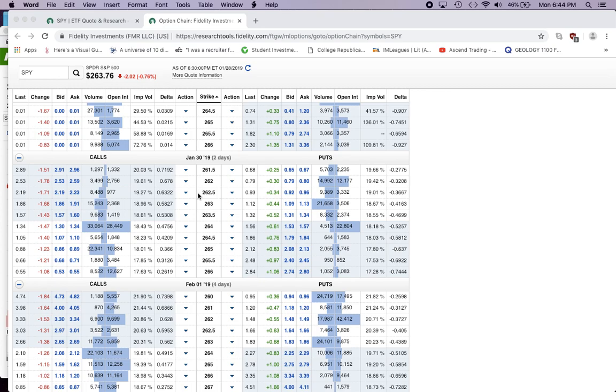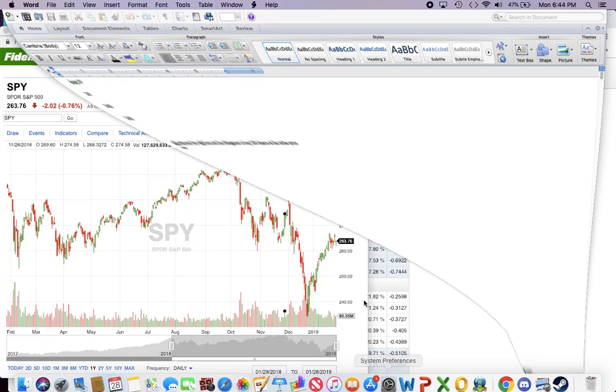Then you would have 100 shares of the SPY, while it's trading at 264, that you could be buying at 262. So that would be $26,200 worth of shares that you could sell for more money, but you would be buying it in at 262. When you exercise, you still have to pay for the shares, but you're getting them at a lower share price. You're guaranteed profit. And then puts are the opposite.